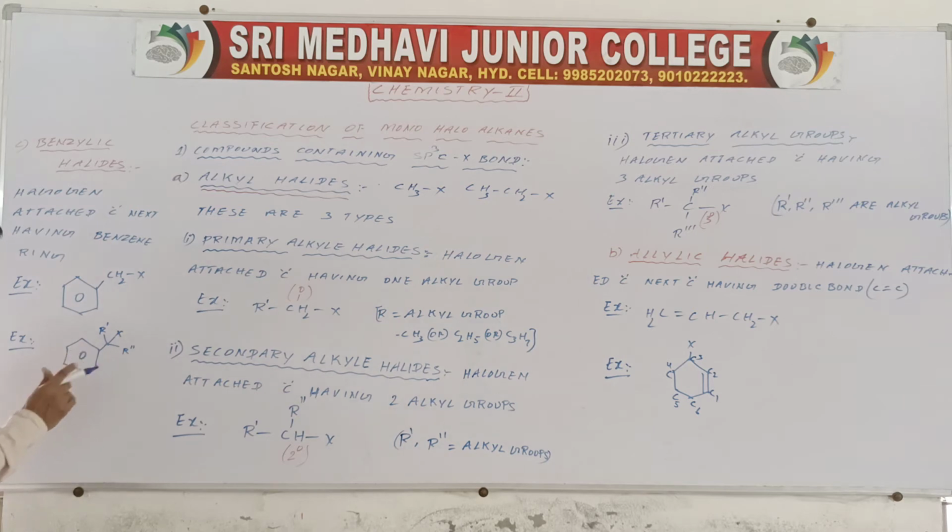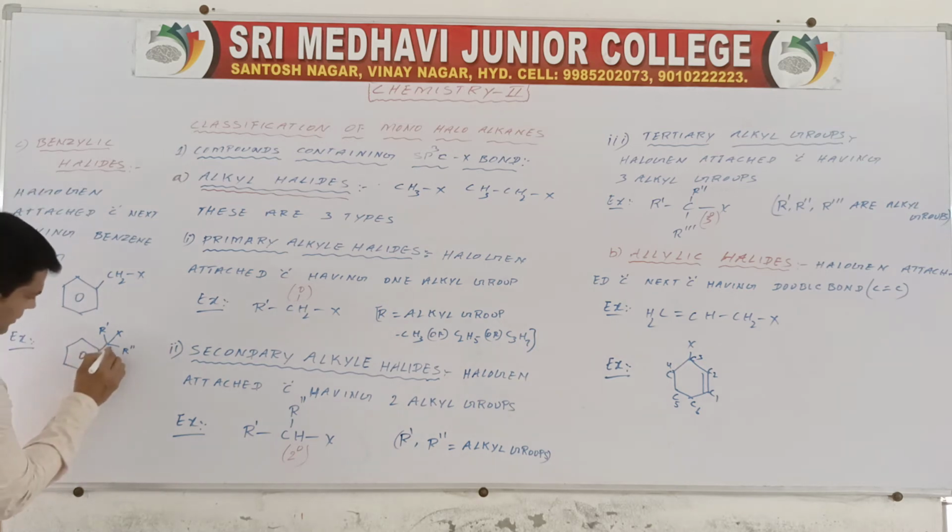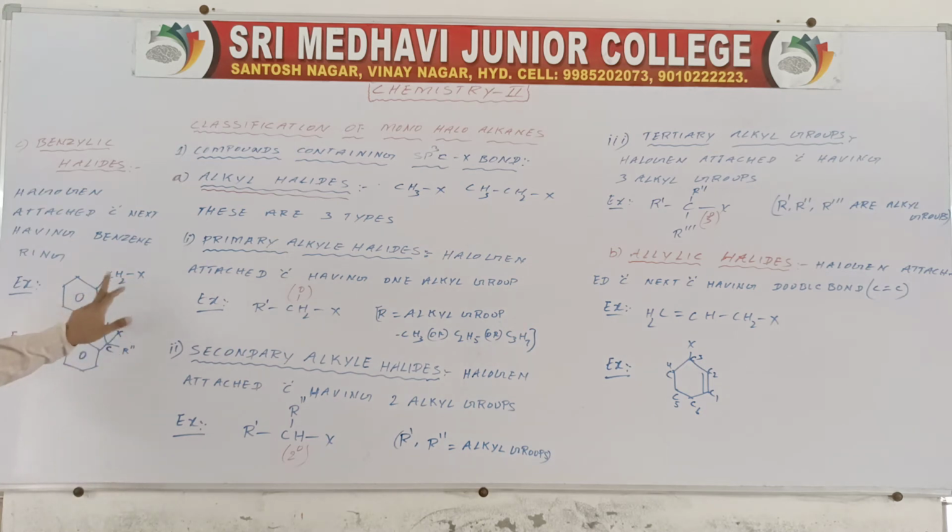It is one more example we may say. This is a carbon attached to a halogen, and the next carbon is a benzene ring.